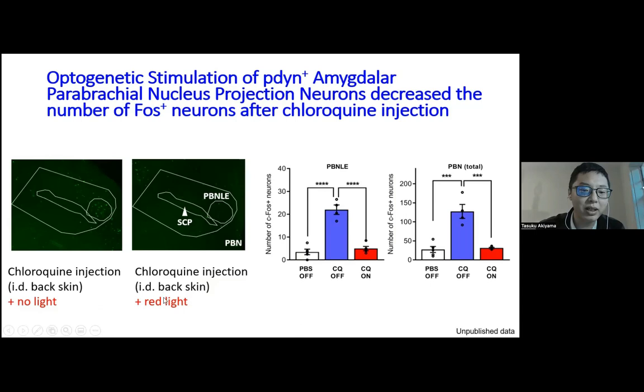When we deliver the red light with the chloroquine injection, we don't see that many green dots. Here's the average data. With the previous injection, there are not so many cFos positive neurons, but after injecting the chloroquine you see an increase in cFos positive neurons, and you can decrease that number by activating the PBN projection neurons.